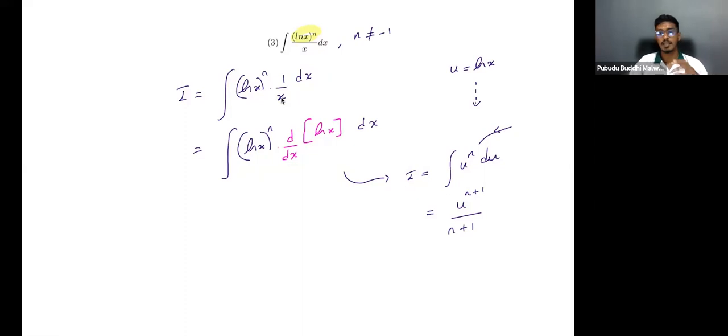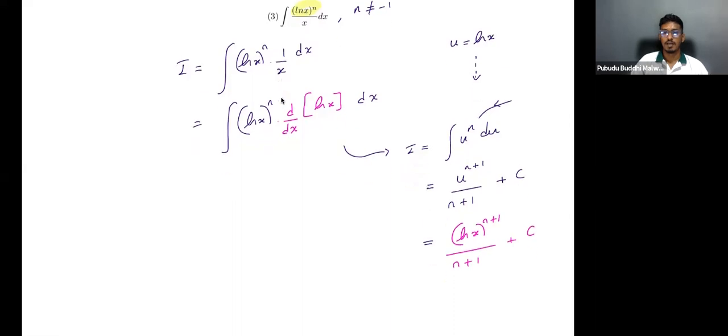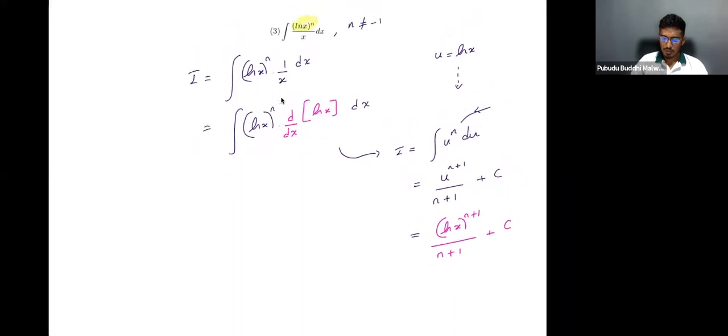We can discuss the n equals minus 1 case separately. Plus c. Then we can replace that with our original variable, natural log of x to the power of n plus 1 over n plus 1, plus c. That's the final answer.